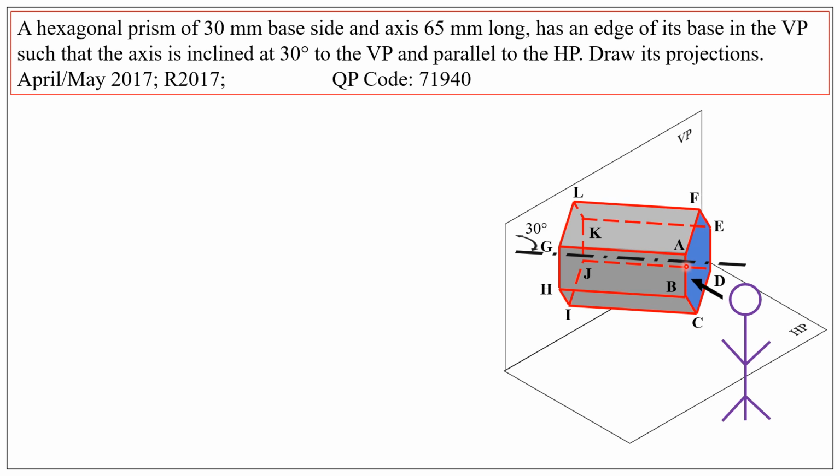They are hidden by the solid on the front portion. Similarly, the edge IJ and the edge JK and the edge KL are all invisible because they are on the other side of the solid when the observer is looking from the front.